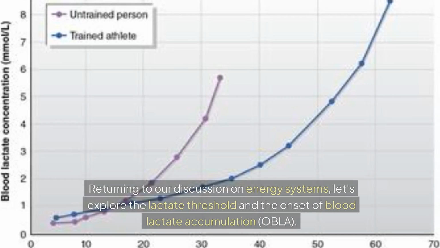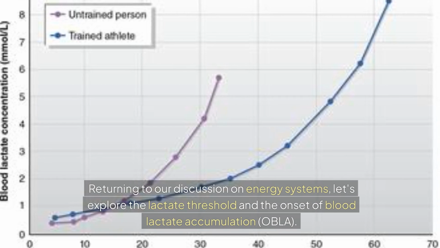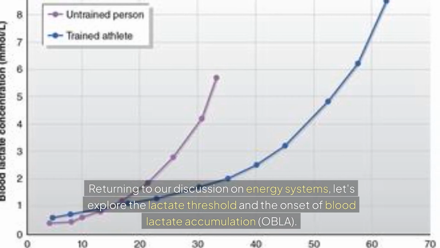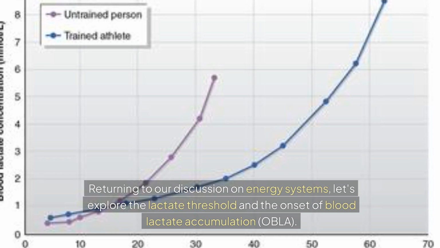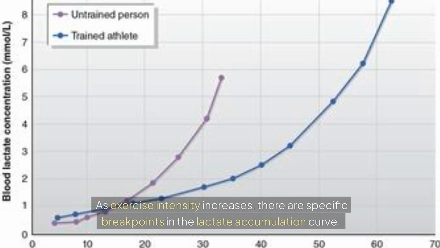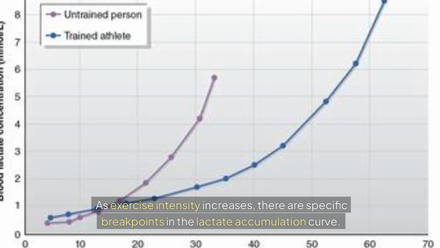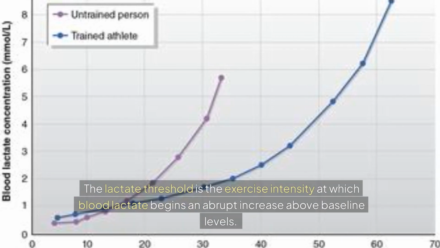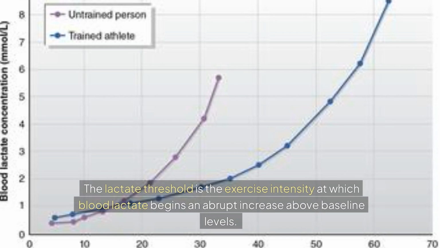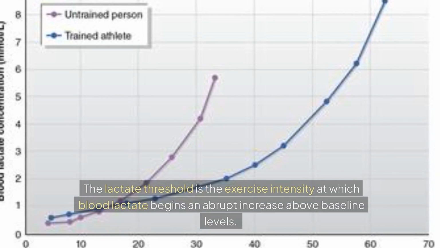Returning to our discussion on energy systems, let's explore the lactate threshold and the onset of blood lactate accumulation, or BLA. As exercise intensity increases, there are specific breakpoints in the lactate accumulation curve. The lactate threshold is the exercise intensity at which blood lactate begins an abrupt increase above baseline levels.